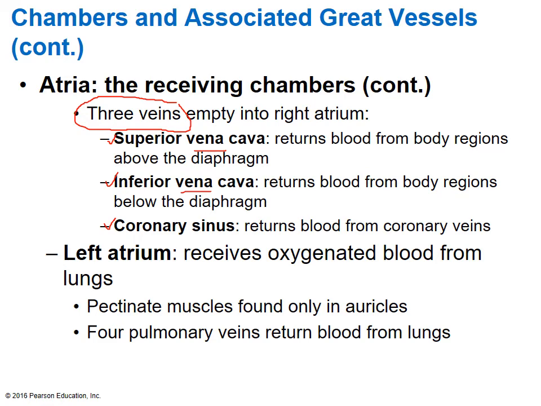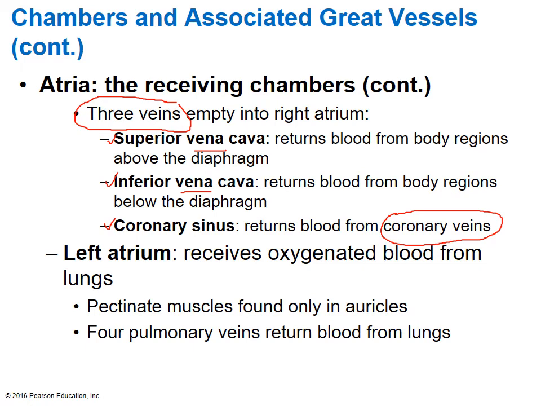In addition to the vena cava, you will also get blood from the coronary sinus. The coronary sinus is involved with what we like to call coronary circulation. That means it's interested in blood that's supplied to the heart itself. The heart is an organ, so it also requires a blood supply.